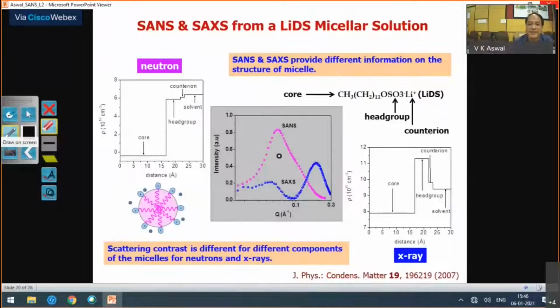So for example, in this case, you have the same system and you are seeing it by neutron and X-ray. And first of all, you see that their scattering patterns are very different. This is because neutron and X-ray, for the same system, are seeing it very differently. So neutrons, because your scattering is from the hydrogenous component, it sees the core of this structure.